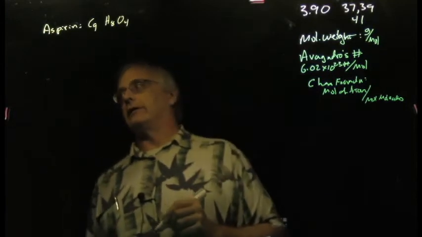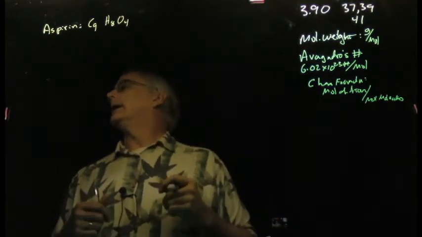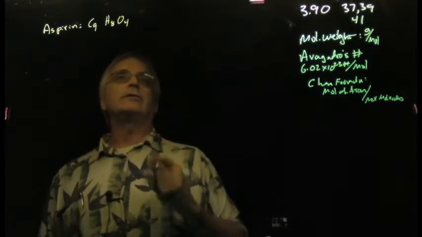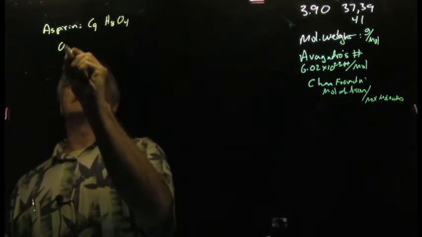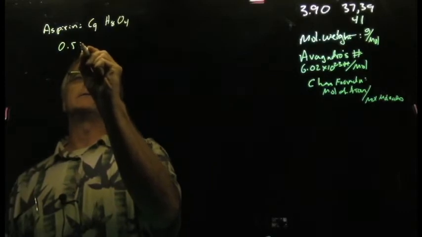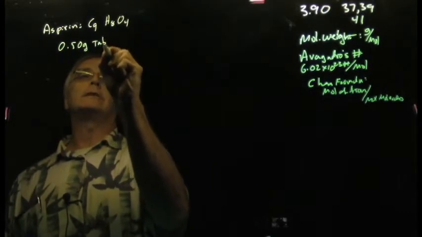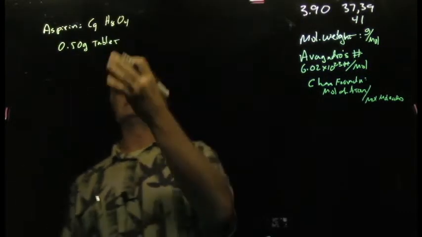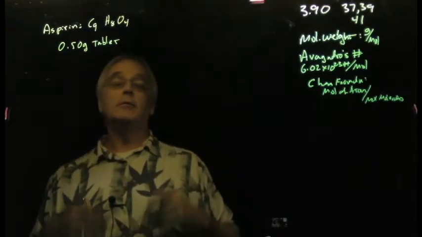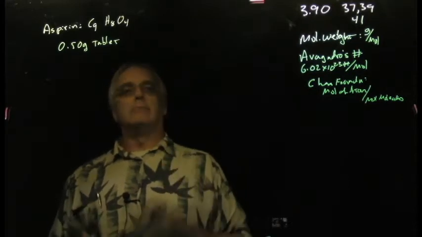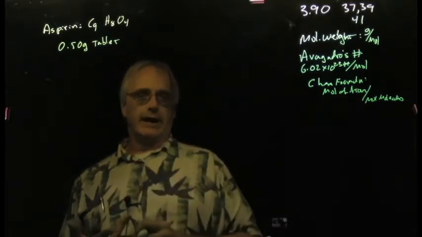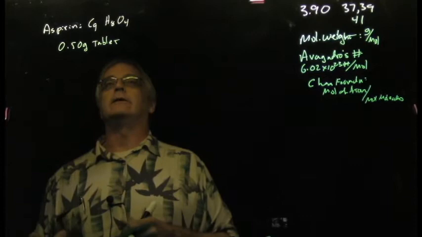And then they ask us how many moles are in a 0.500 gram tablet. An aspirin tablet contains a half a gram of C9H8O4. How many moles is that? How many molecules is that? How many carbon atoms is that? That's part A, B, and C.